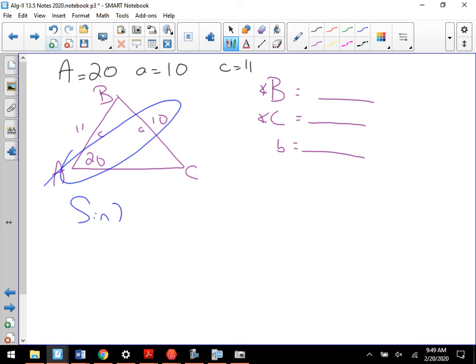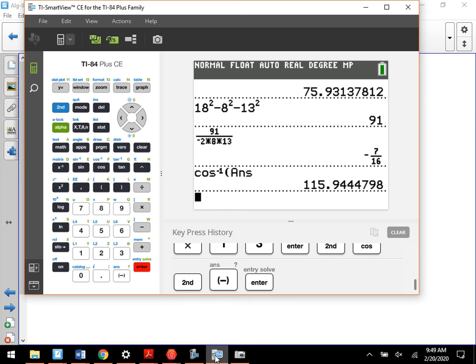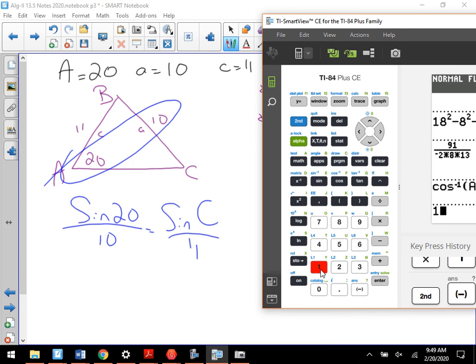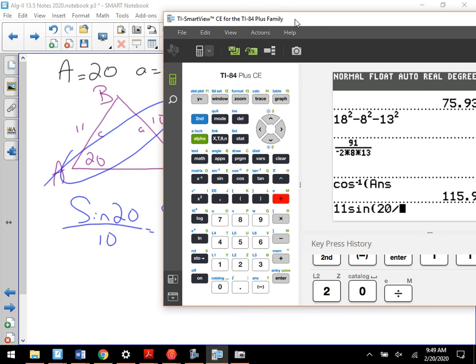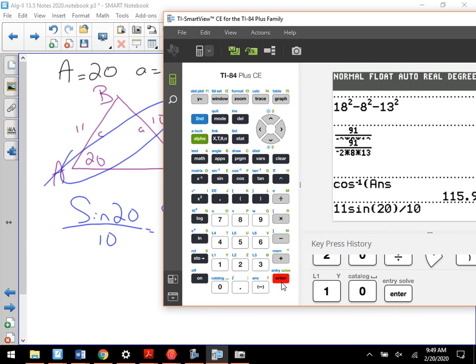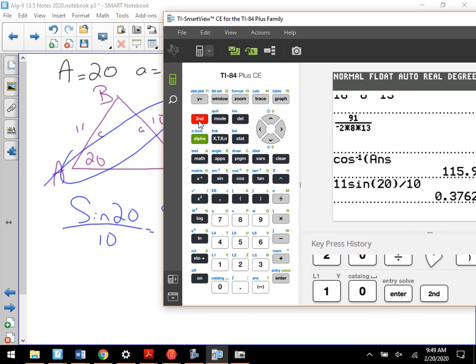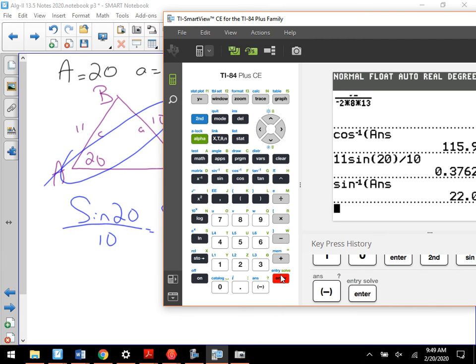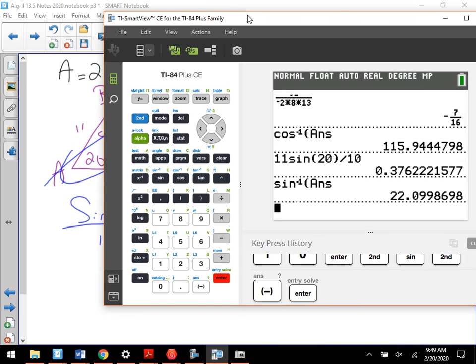Sine of 20 over 10 equals sine of C over 11. The math of this is rather quick. 11 sine 20 divided by 10. 11 sine 20, enter, over, oops, sorry, put a parenthesis there. Over 10, hit enter, I get some crummy decimal. Second sine of my answer gives me an angle of 22.1.